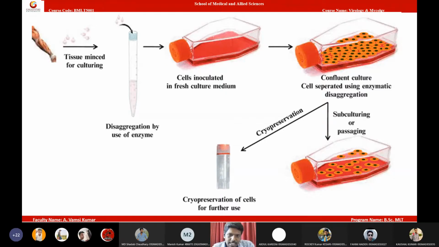And there is a reason for the shape of this flask. If you see the shape, it looks flat rather than having rounded edges. The reason is cells have a property of adhering to flat surfaces. Cells are evolved to grow on flat surfaces. Even within our body, cells adhere to flat surfaces.